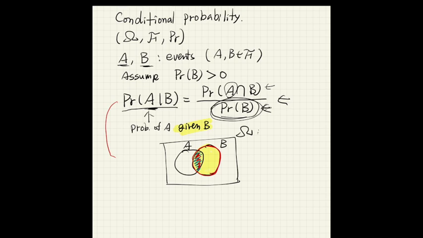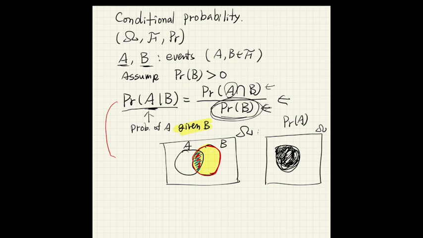Then compare this with the ordinary probability of event A. So the probability of event A is, in a sense, the size of set A with respect to omega, right?